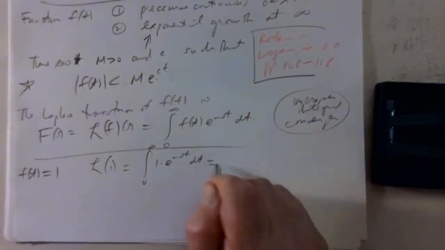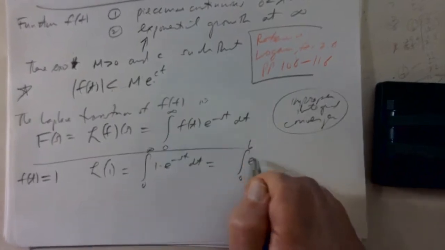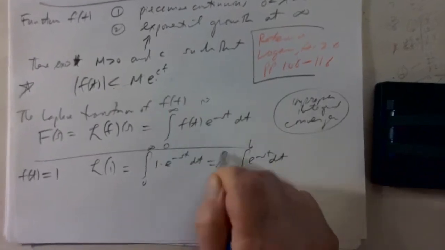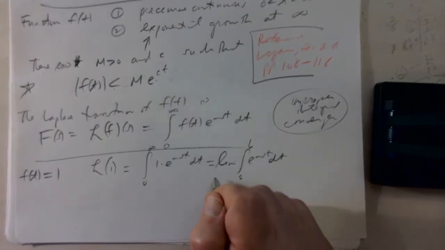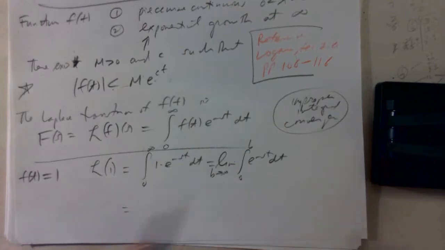Again, let's just do it. We take the integral from 0 to b of e to the minus st dt, and take the limit of that as b goes to infinity. That's the definition of the improper integral.